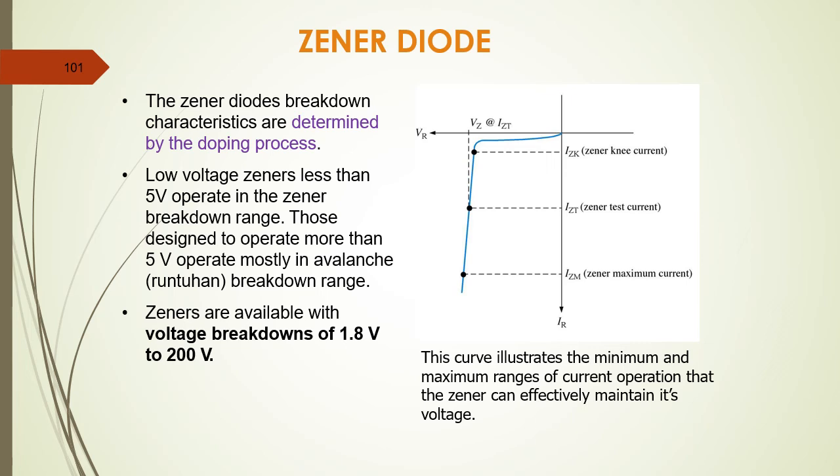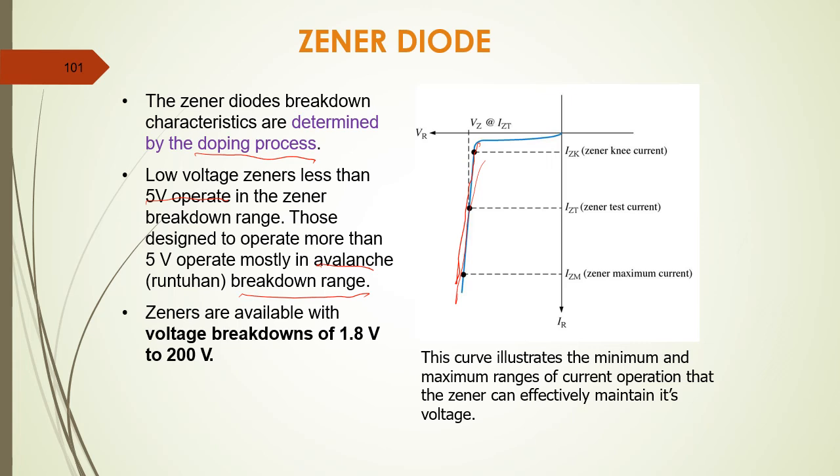The Zener diode's breakdown characteristics are determined by the doping process. Low voltage Zeners, less than 5 volts, operate in the Zener breakdown range. Those designed to operate at more than 5 volts operate mostly in the avalanche breakdown range. This is what we call avalanche; it means there is a sharp rise in the value of IR.